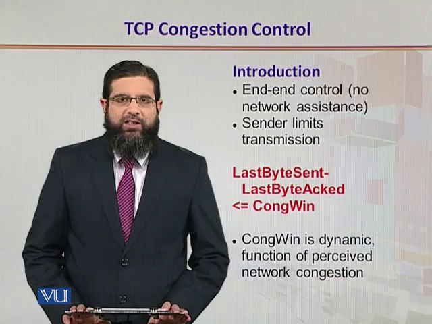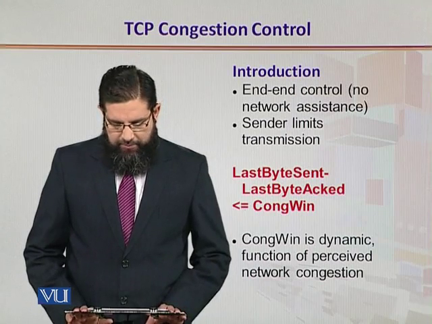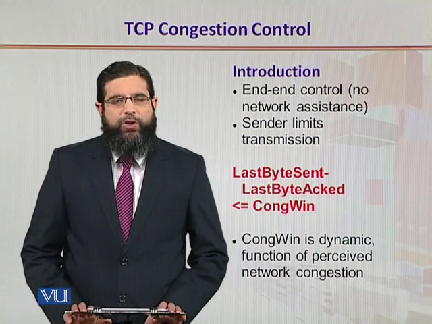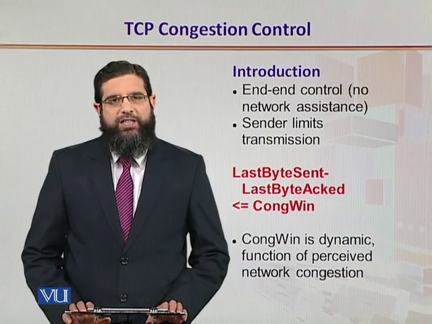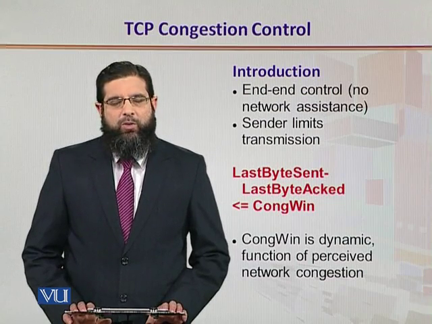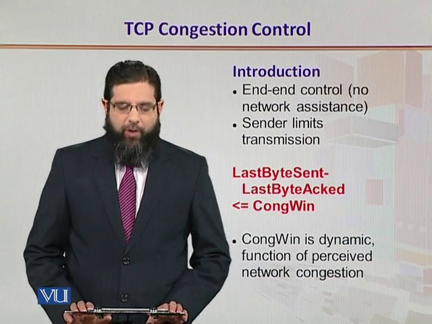But if what has been sent has not been acknowledged, it means the congestion window is going to grow smaller with time. The congestion window is therefore dynamically a function of the perceived network congestion, without asking the intermediate devices of their buffer occupancy.